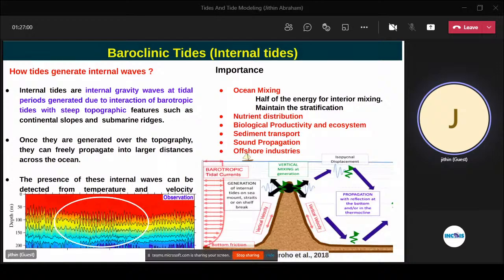For example, this figure represents the time series of temperature observations from a moored buoy. Here we can see temperature oscillations, up and down oscillations of isotherms over a day.